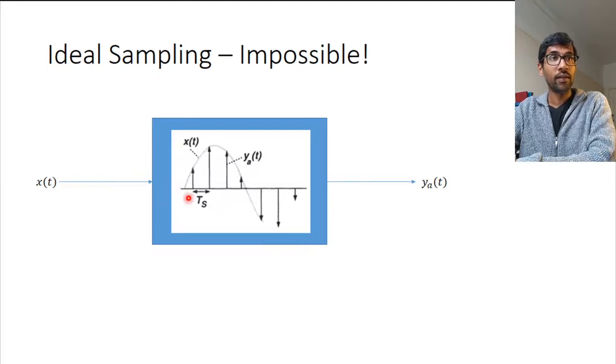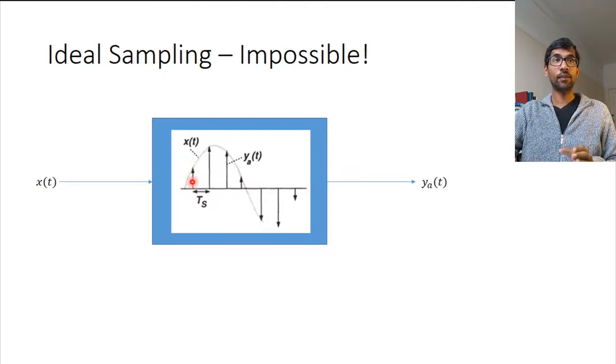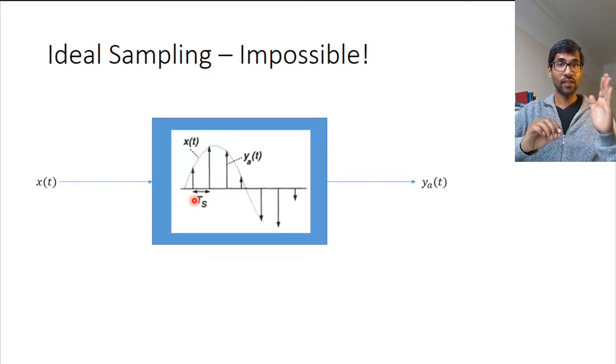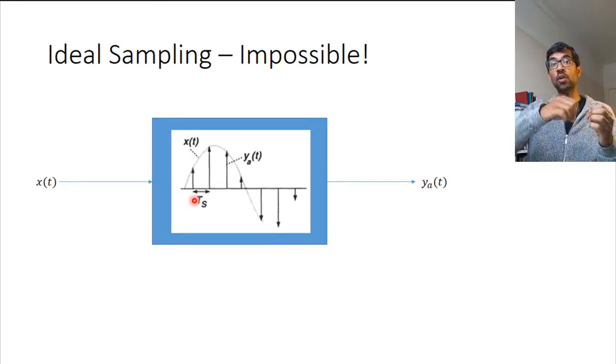One, think about this time instant, the time instant at which we are picking up this value of x(t). What we are saying here is that we are able to pick up the value of the analog signal x in almost infinitesimally small time. We are able to get the value from the analog signal.